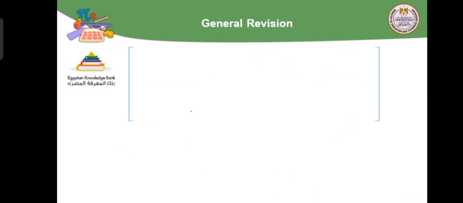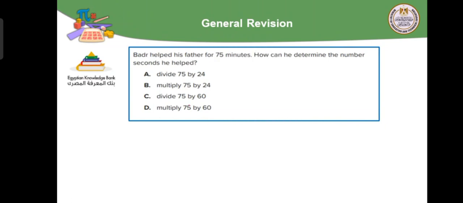Here, Badr helped his father for 75 minutes. How can he determine the number in seconds? Here, 75 minutes. So 1 hour is 60 minutes.